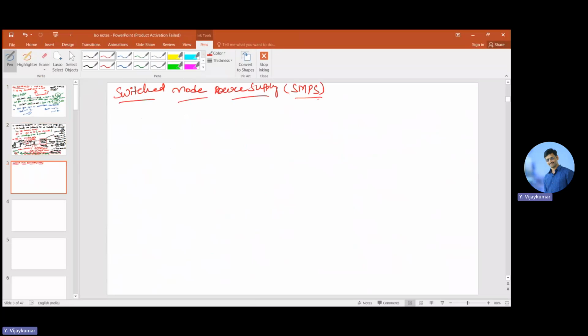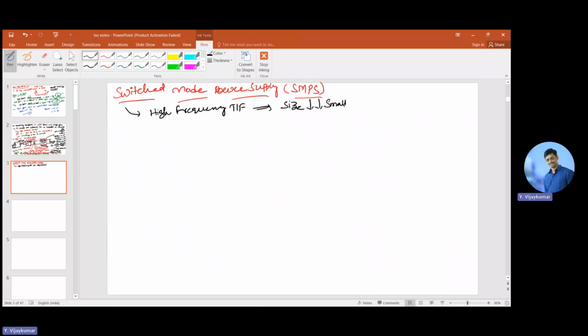Here in the switched mode power supply, we use a high frequency transformer, where the size of the converter will be very small.